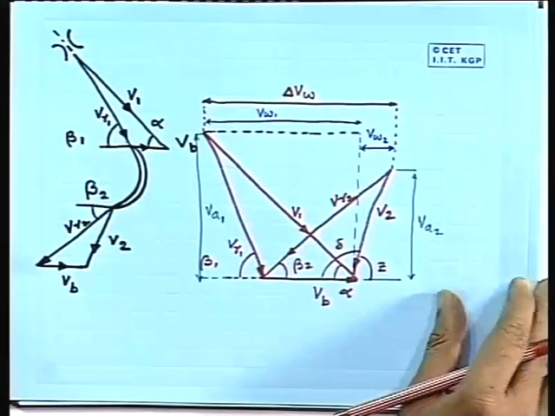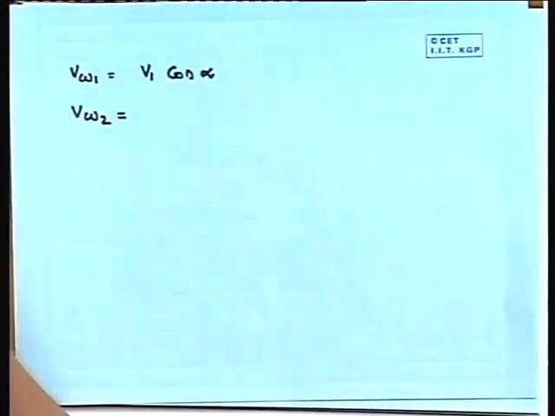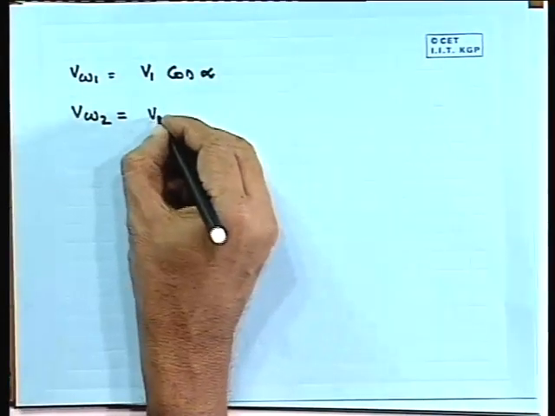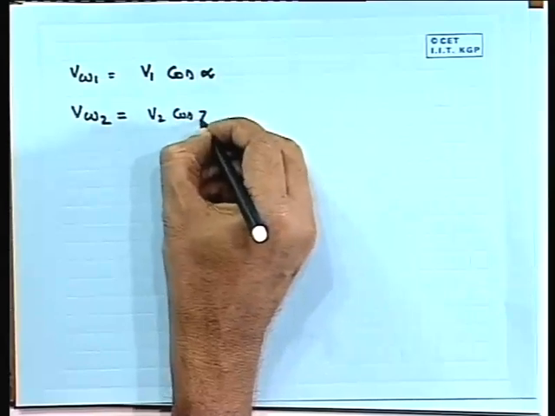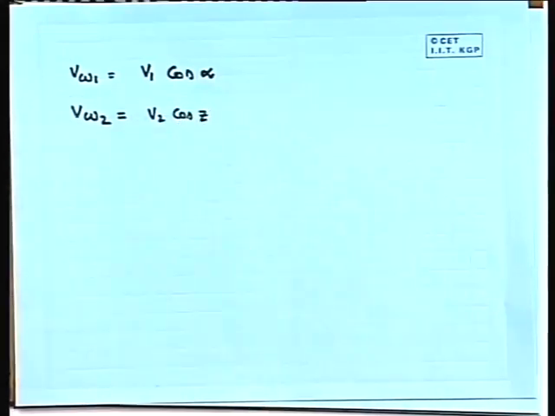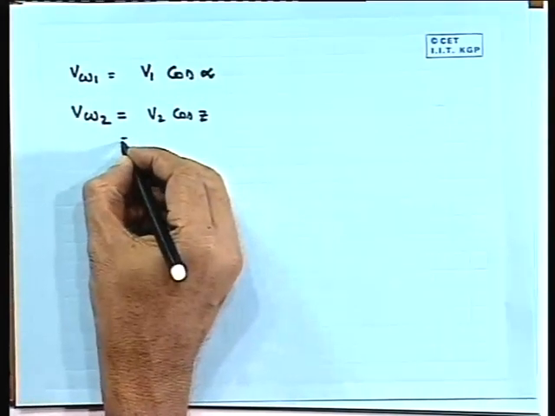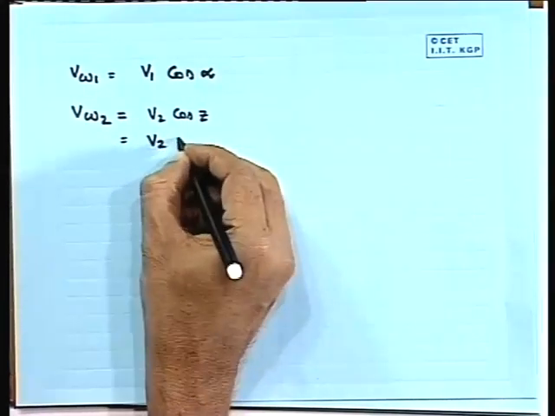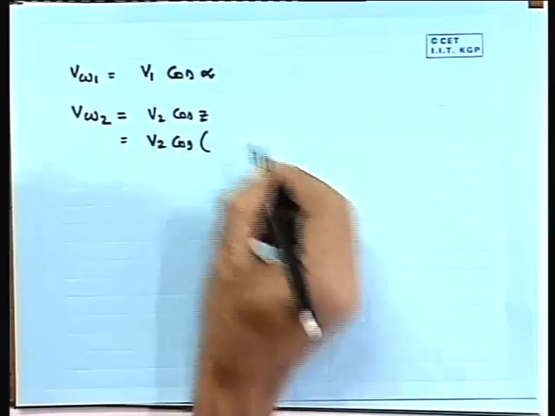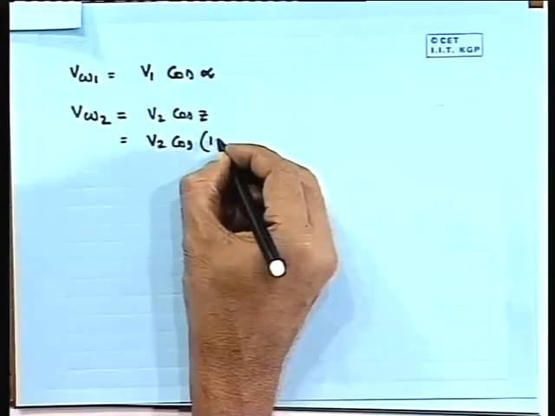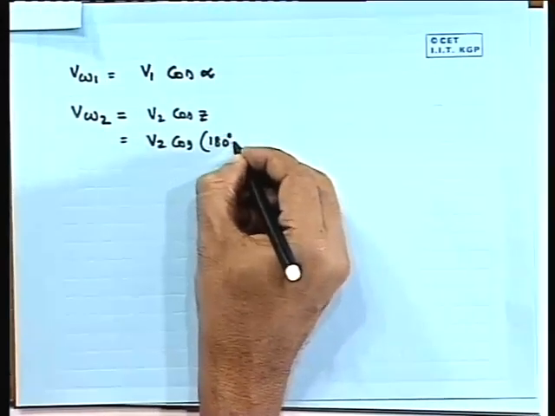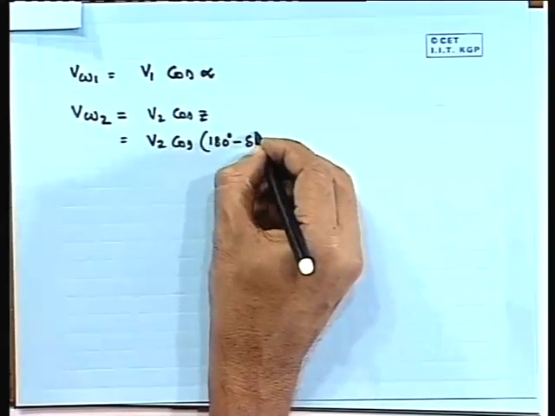V 2 cos Z, then we can write V 2 cos of, from this relationship, 180 degree minus delta, cos 180 degree minus delta.